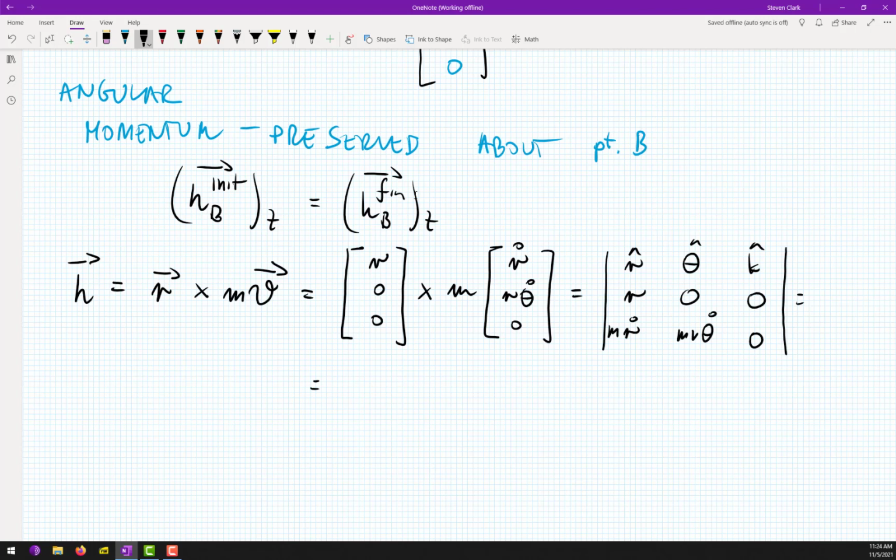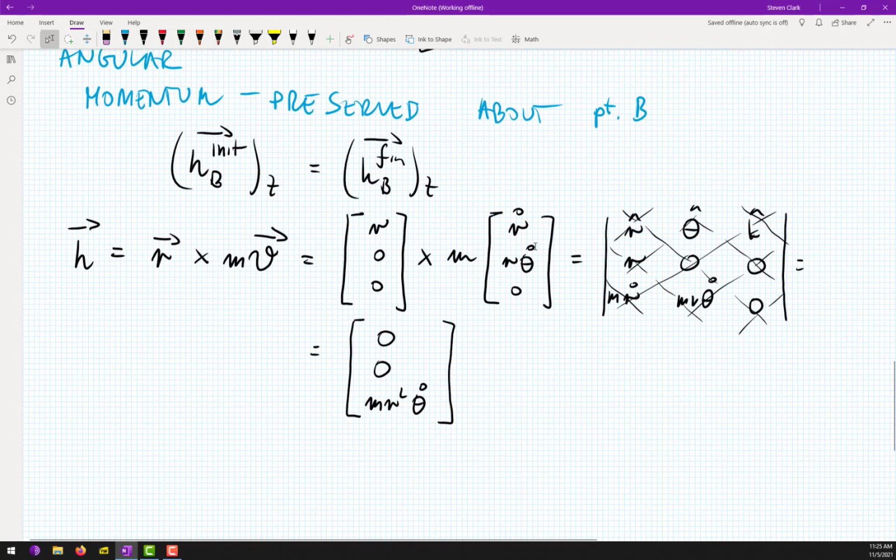We will have 0 here, 0 here, and we will not have 0 here. We will have m r squared theta dot plus 0. So this is the angular momentum of the particle about point B.